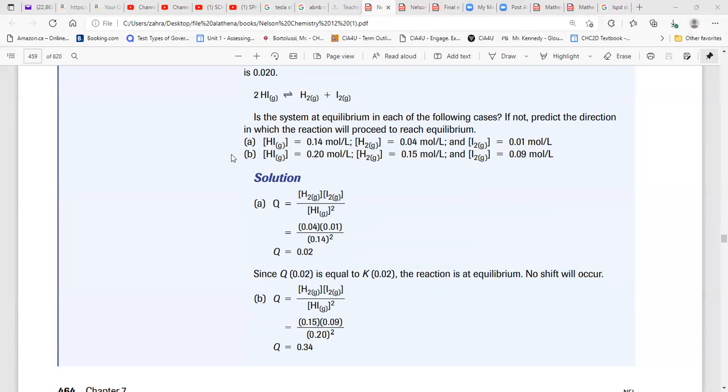We do the same thing with part B, where the concentrations are given. You put them in and Q is 0.34. As you see, this is greater than K, so you have to decrease your product. Decreasing the product means going backward, so the backward reaction happens.